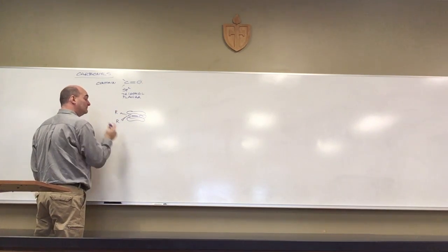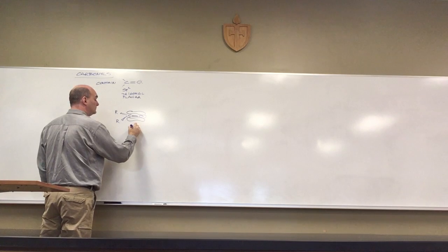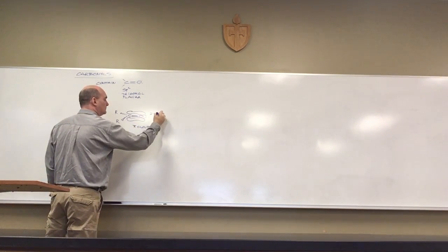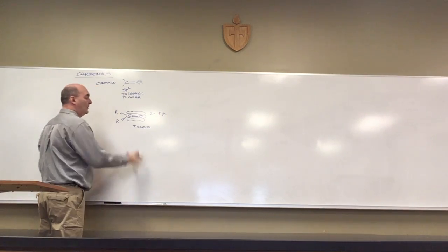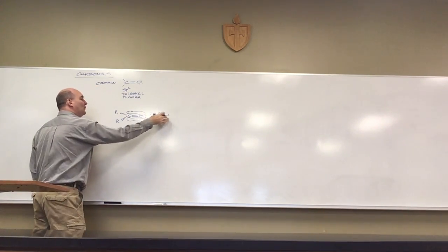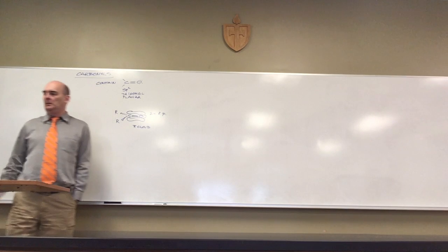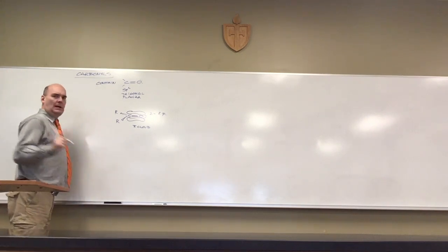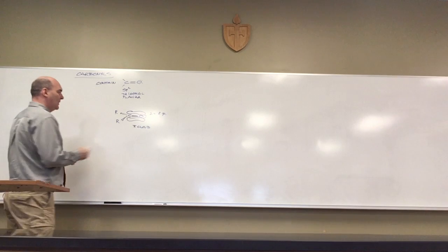Okay. I have a pi cloud, and I have two lone pairs of electrons, which means there are going to be choices. Here's something else.